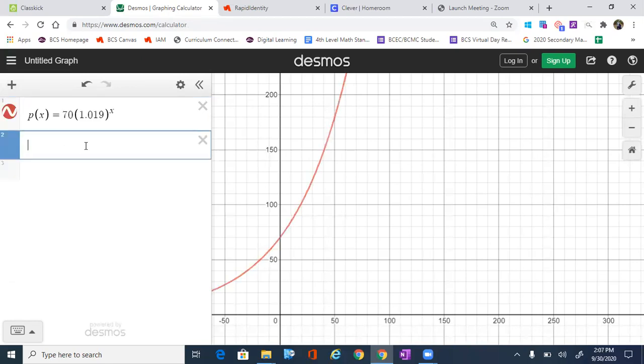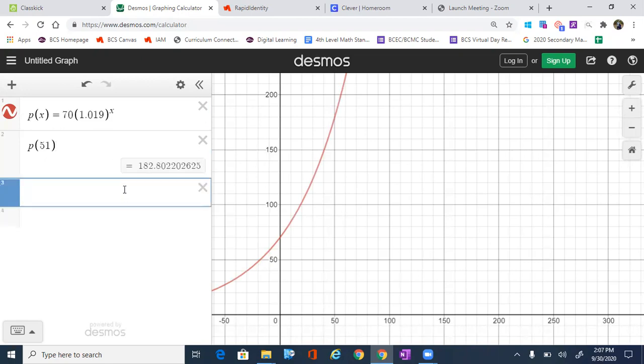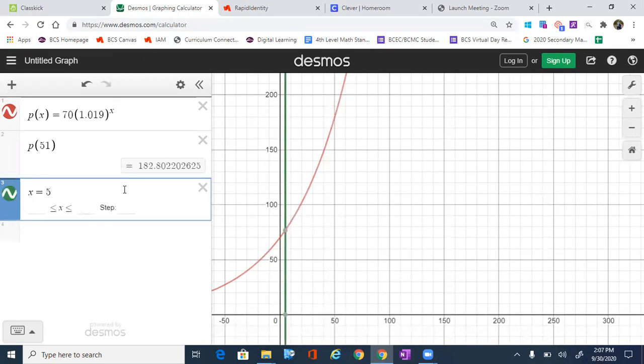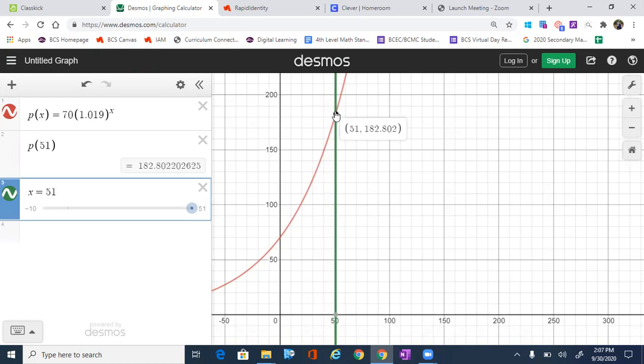And we can calculate this nice and easy by saying P of 51, and it'll give us the value of 182. Or I can actually just type in x equals 51 and look for that intersection, and you'll notice that the intersection says 182.